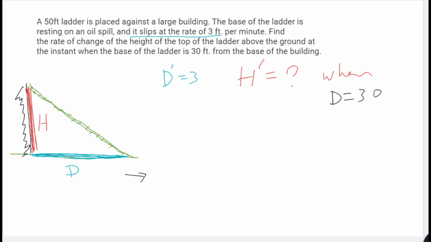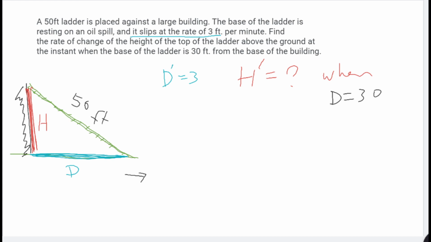When the base of the ladder is 30 feet from the base of the building, meaning D is 30. What else do we know? Oh, we know the ladder is 50 feet. That's 50. Right? So 50 is fixed. The length of the ladder will not change, so it's a constant.